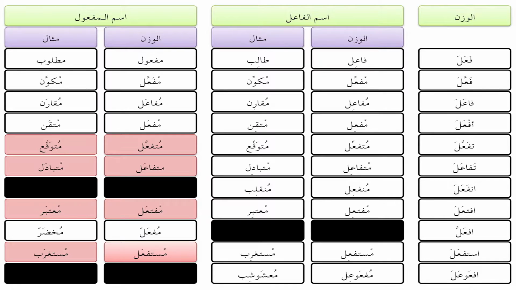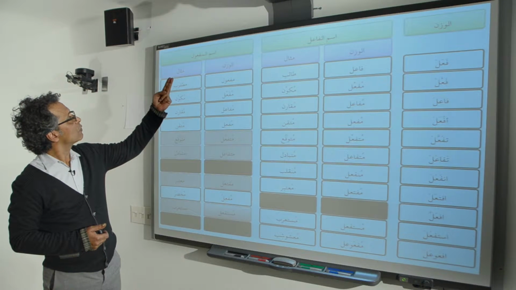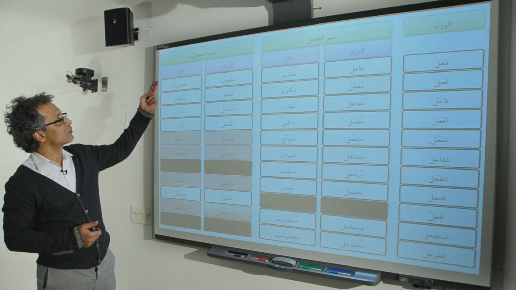سنرى الآن أسماء الفاعل والمفعول وكيف نشتقها من هذه الأوزان، وسنرى الوزن ثم المثال، واسم المفعول أيضا الوزن ثم المثال. And I think that we need to pay very, very particular attention to the voweling, especially on the عين of the verb or the عين of اسم الفاعل or اسم المفعول.